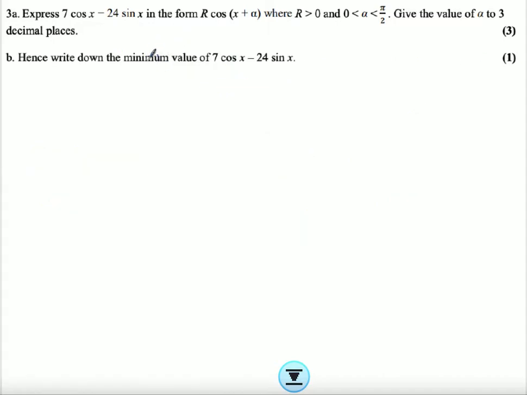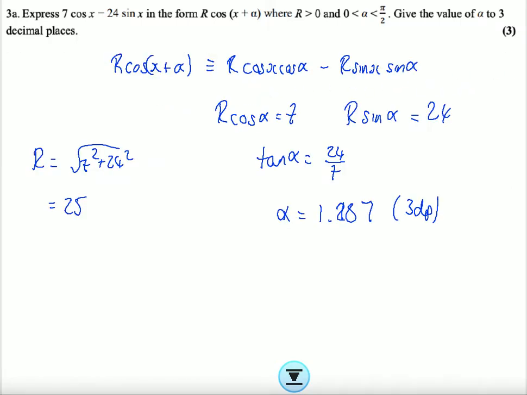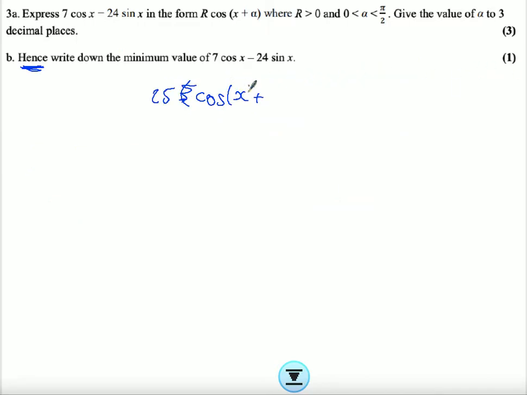Hence. So that was 25 cos x plus 1.287. The minimum of cosine is -1.